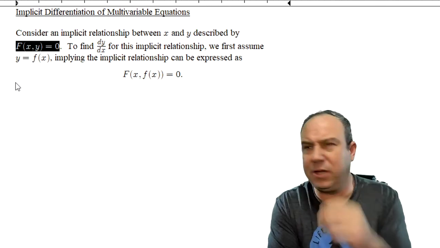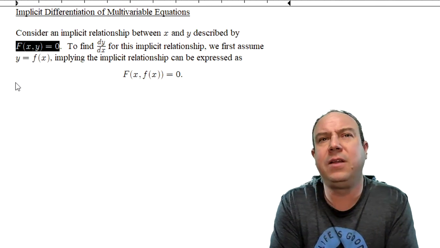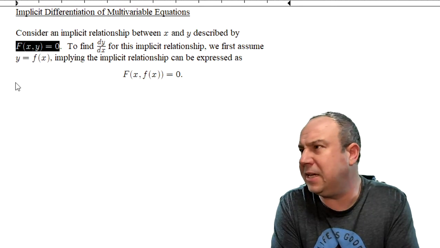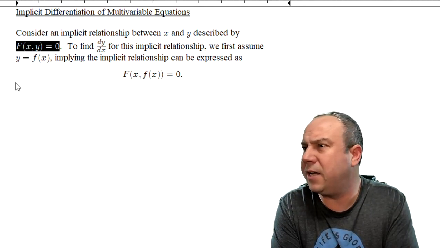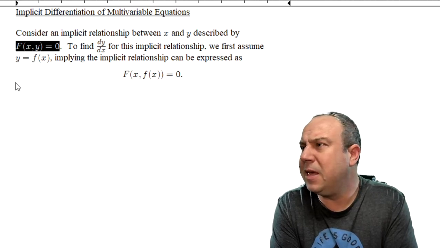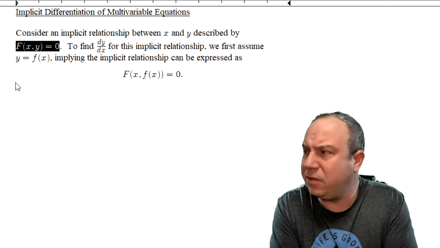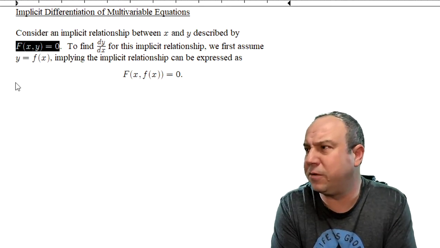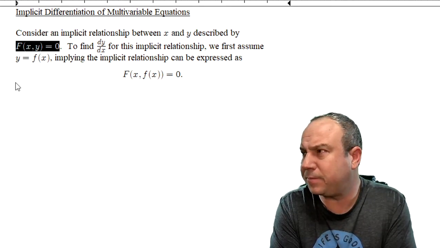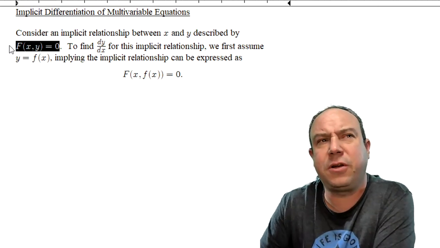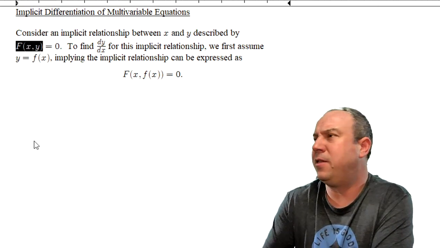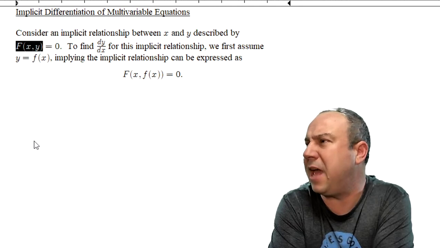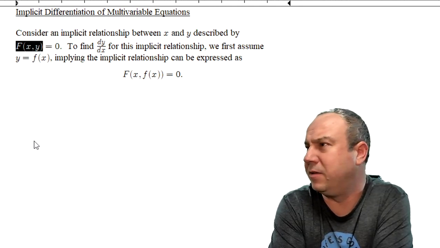We are assuming that our relationship between x and y is a level curve for a higher dimensional surface, which we define by the multivariable function big F of x comma y.